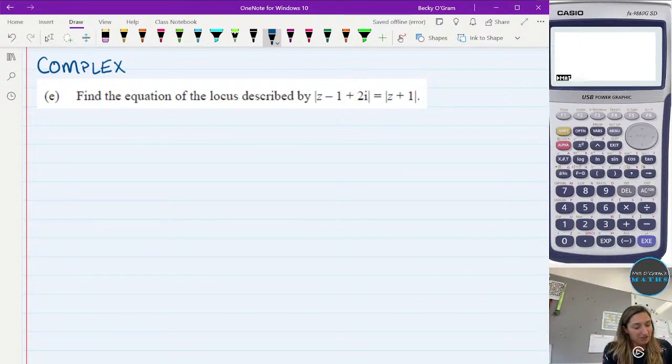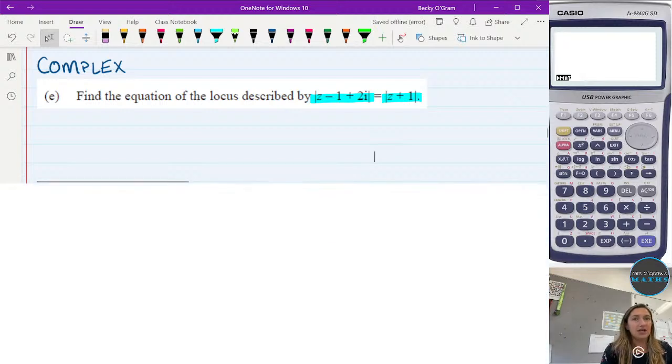Okay, so we've got the locus described by this situation here. Let me find my cursor. There we are. Okay, so we are dealing with modulus, and modulus means that we take the real parts and the imaginary parts, we square each bit, add them together and find the square root.